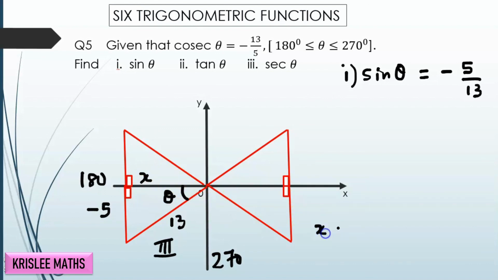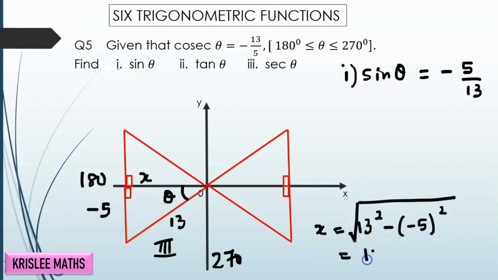So x equals the square root of 13 squared minus negative 5 squared. Simplify, you will get the length of x. But here you need to put a negative sign, because x lies on the negative x-axis.